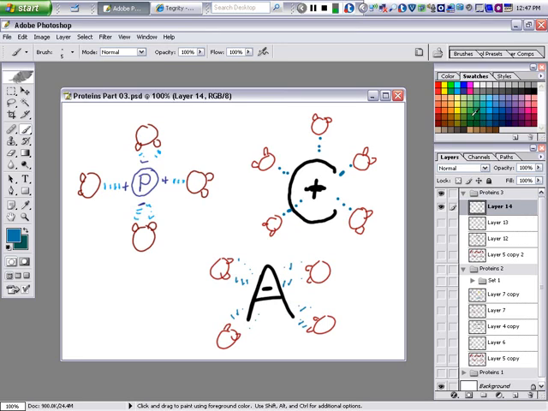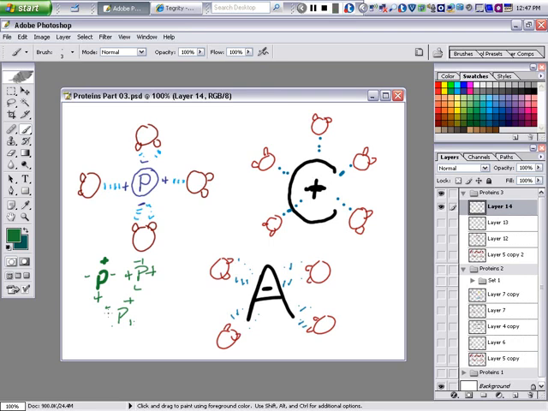Now what the proteins are going to do, they're going to start sticking to one another. And then they're going to fall. They're going to start making big clumps.